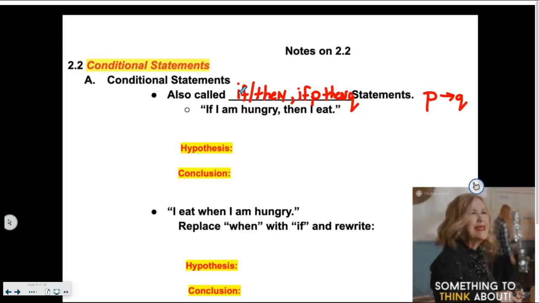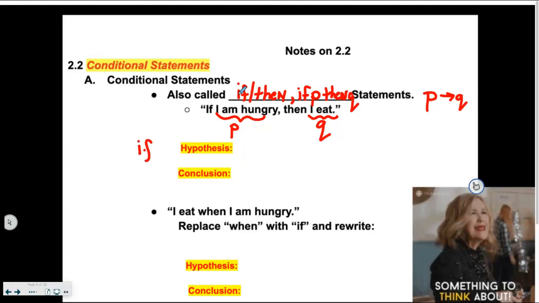So up here I have a conditional statement. It has an if, this, then, that. So this part of it would be called the P. This over here would be called the Q. And we also say that that P is the hypothesis. It follows the if. So I'm going to erase that.